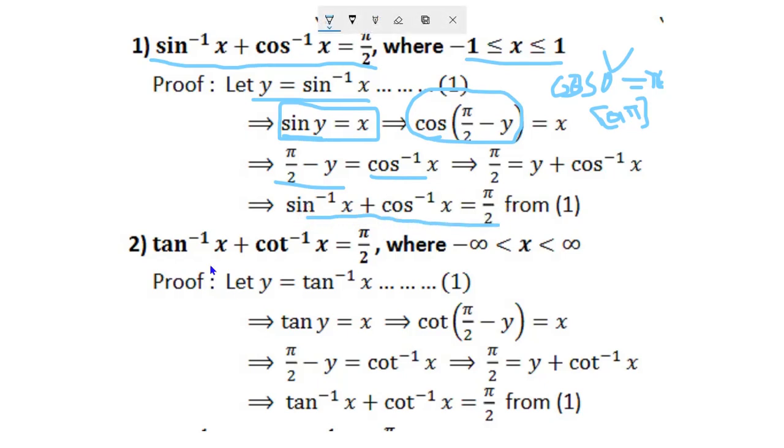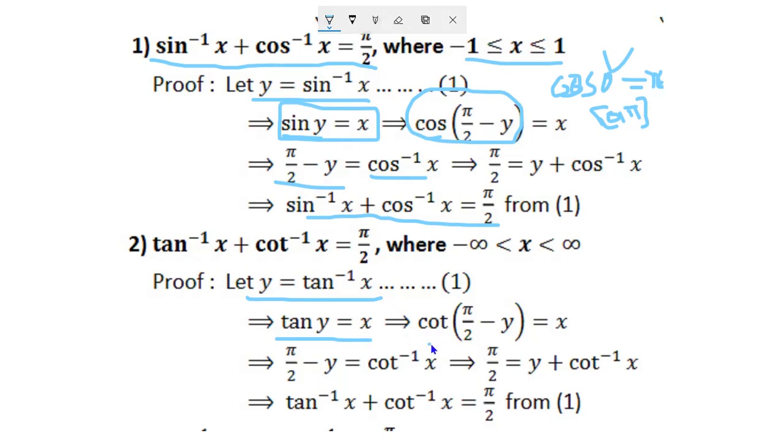And see this result, this is also similar, and here proof is very simple. I have given the explanation why, when we can take cos theta is equal to x, theta is equal to cos inverse x. Similarly, here also you should apply that condition, and take y is equal to tan inverse x, and then tan y is equal to x, and cot of 90 minus theta is equal to tan theta.